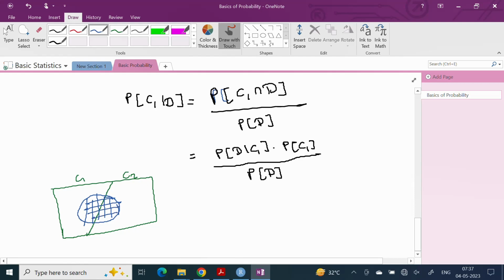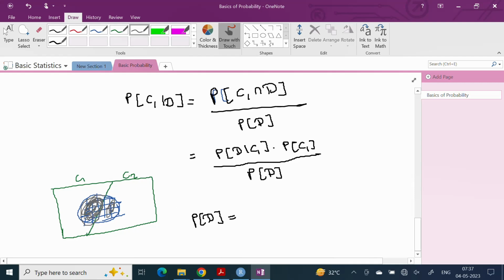What we can see here is that if I want to compute the probability of this blue circle, I have to basically add this half to this half.